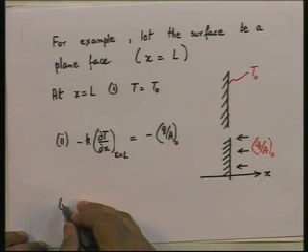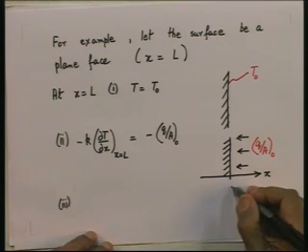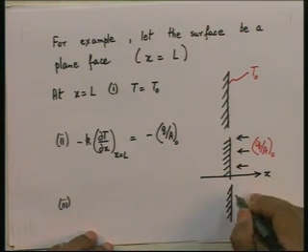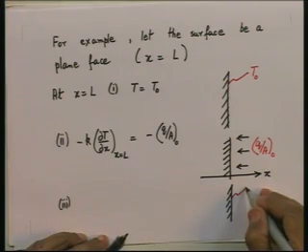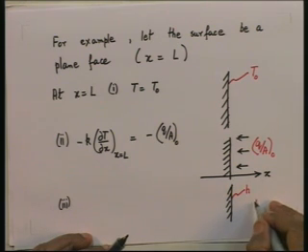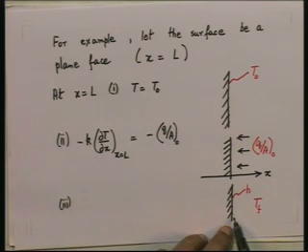third is a prescribed heat transfer coefficient, in which case I have again a surface like this, and I specify that there is a heat transfer coefficient h at the surface and there is a fluid temperature Tf here. Now, I am going to use Newton's law of cooling and equate it to the heat flowing by conduction in the solid.